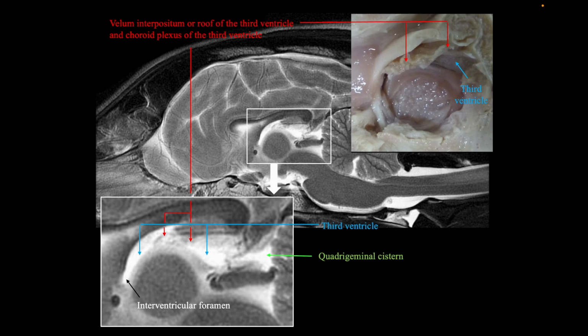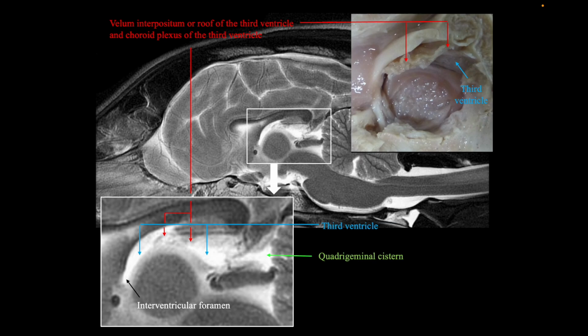This is marked with red arrows and the third ventricle with blue arrows. And as you see on top of the tectum mesencephali, this hyperintense triangular-shaped signal is the quadrigeminal cistern. You have seen the quadrigeminal cistern in the previous image.